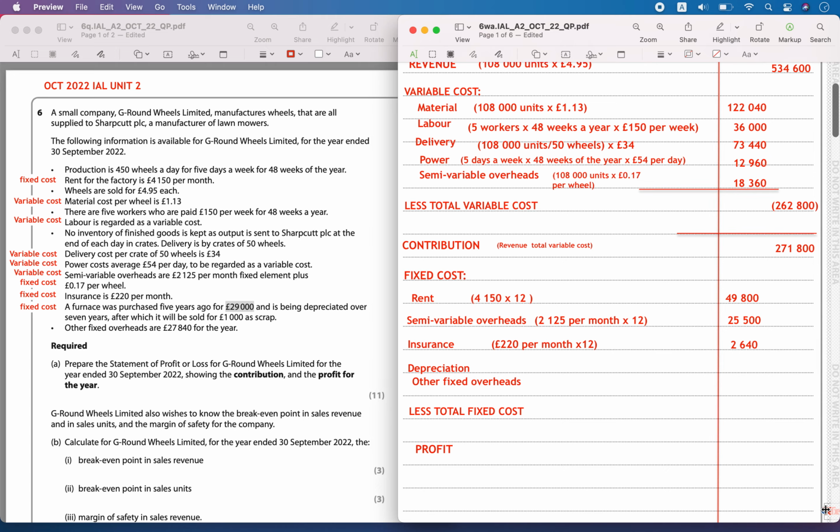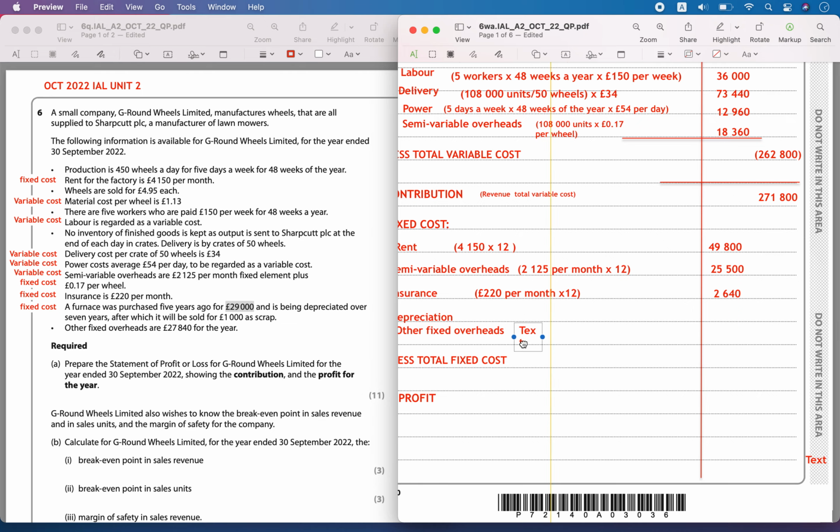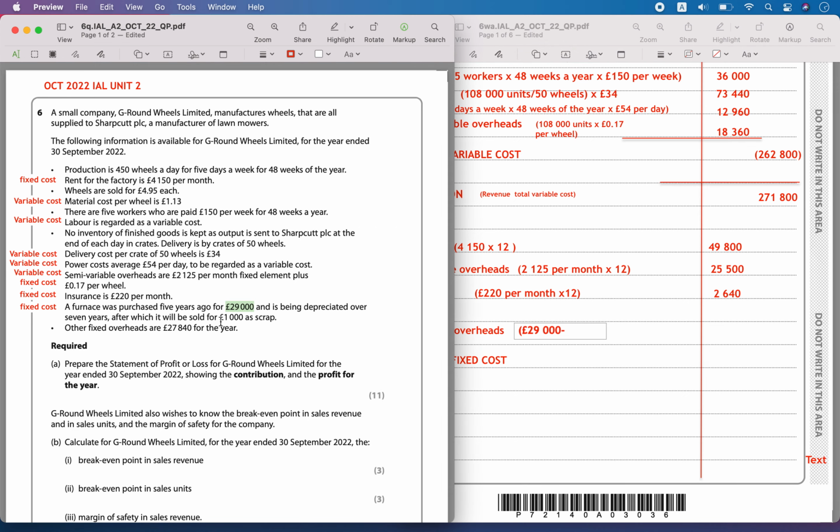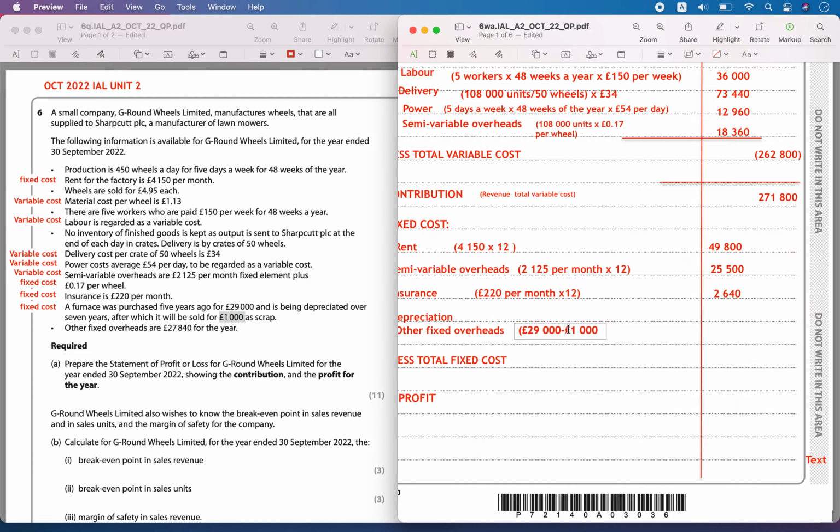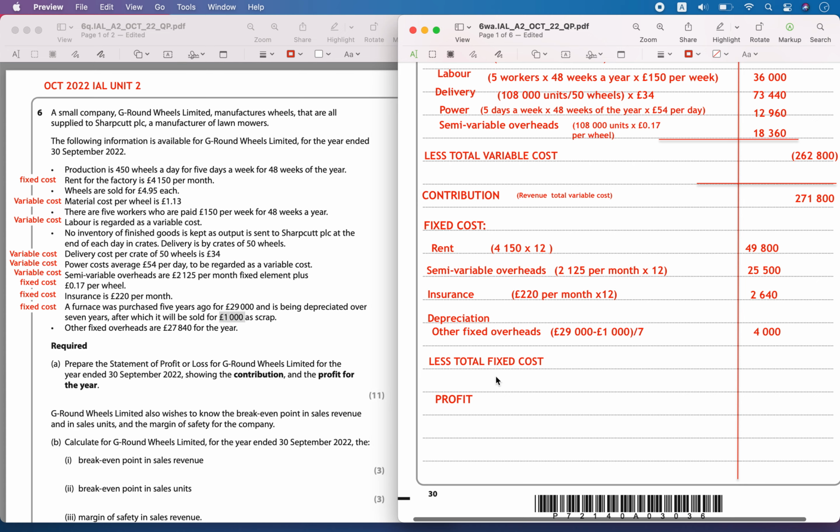So the depreciation amount every year will be equal to the initial cost minus the scrap value, divided by 7 years. It is 28,000 pounds divided by 7, that is equal to 4,000 per year.